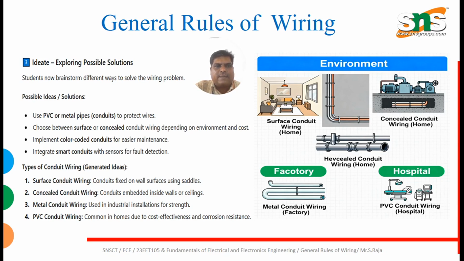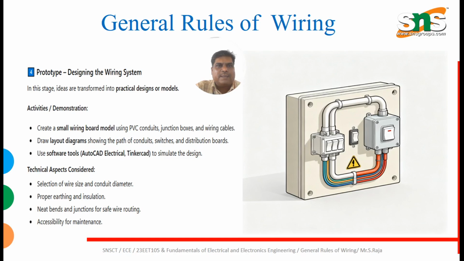They choose between surface or concealed conduit wiring depending on environment or cost. We can implement color-coded conduits for easier maintenance, and we can integrate smart conduits with sensors for fault detection. Next, we see the types of conduit wiring: surface conduit wiring, concealed conduit wiring, metal conduit wiring, and PVC conduit wiring.